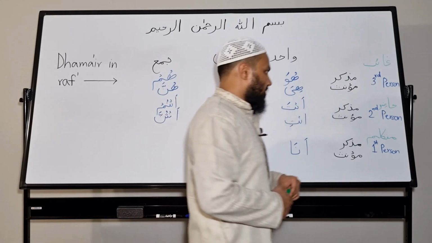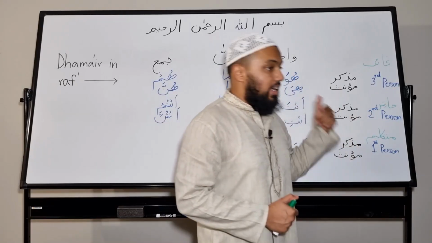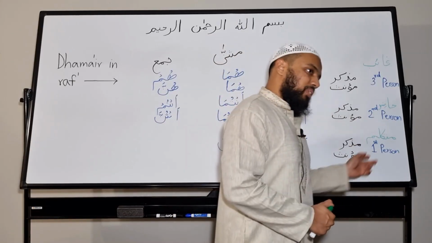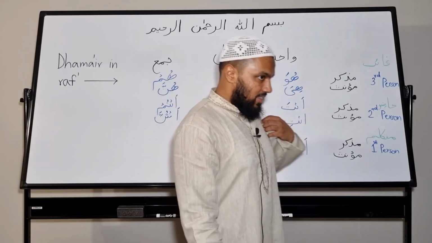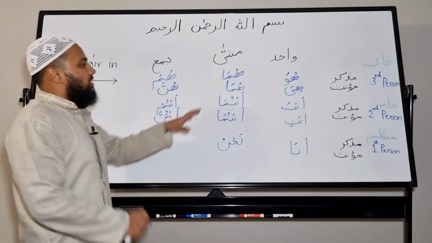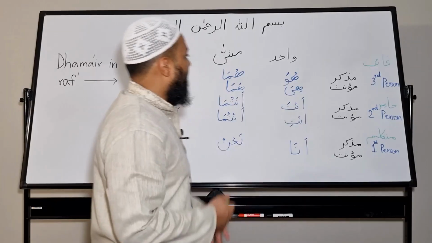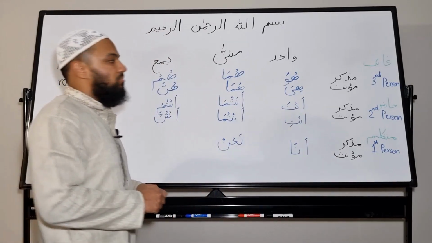So in English, we have he, she, they, those as third person, you as second person, I or we as first person, right? So let us first translate this into English, and then we will try to memorize this.